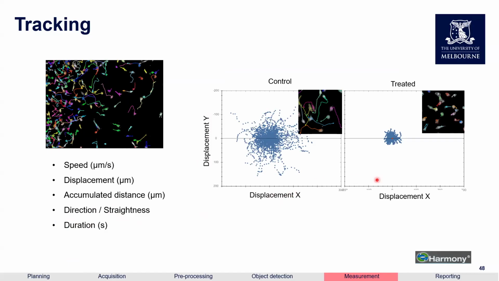Here, you can see that for the cells on the right, the movement has been reduced after drug treatment.